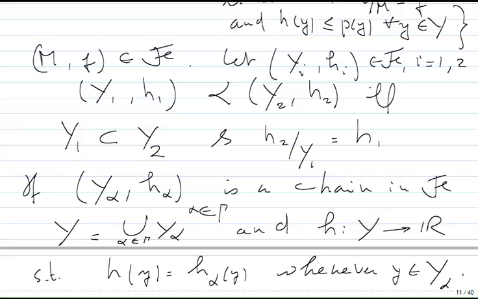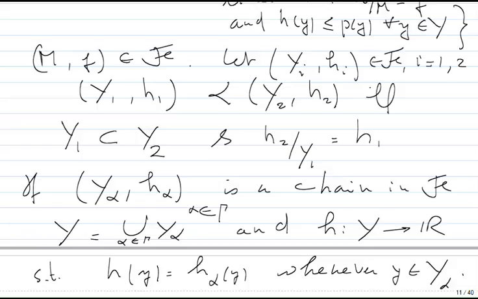So someone will argue, what if it belongs to two y alphas? Which one do you take, h alpha or h beta? Since the set of index gamma is totally ordered, y alpha will be a subspace of y beta, for example, and now we use the property that h beta is an extension of h alpha, and therefore we have the same. So this choice is independent of the index alpha.